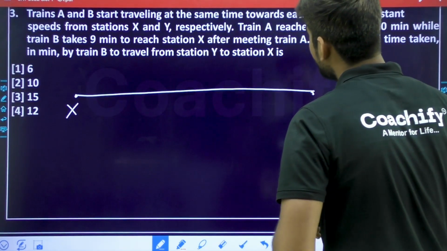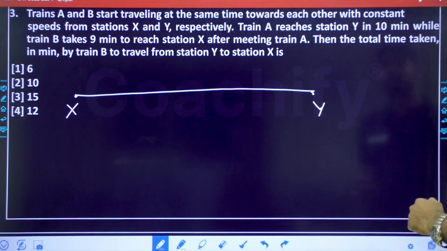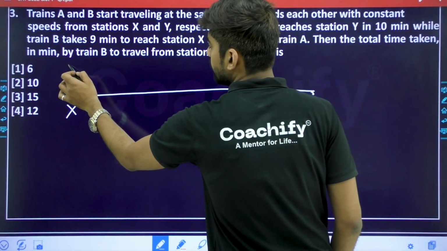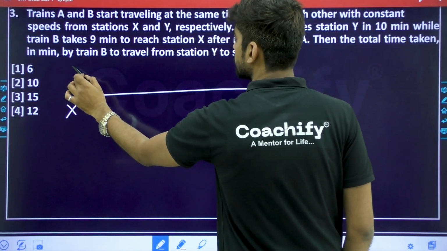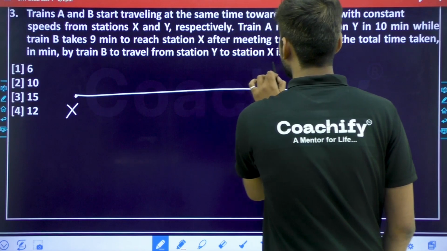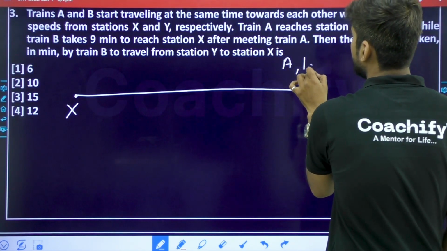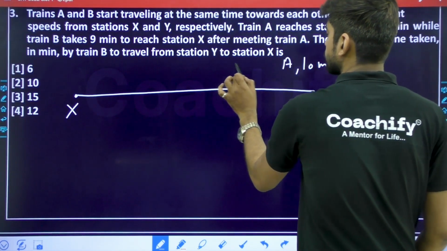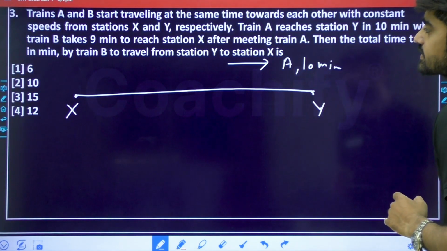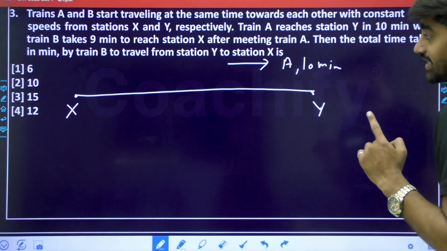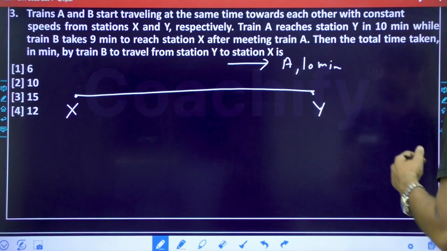Now the question says train A reaches station Y in 10 minutes. So train A travels this entire distance. This distance is covered by train A in 10 minutes. Perfect. Now, train B takes 9 minutes to reach station X after meeting train A. That's so obvious.